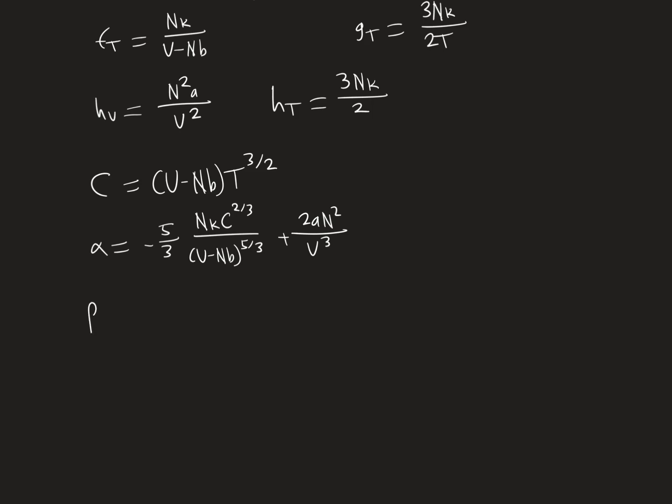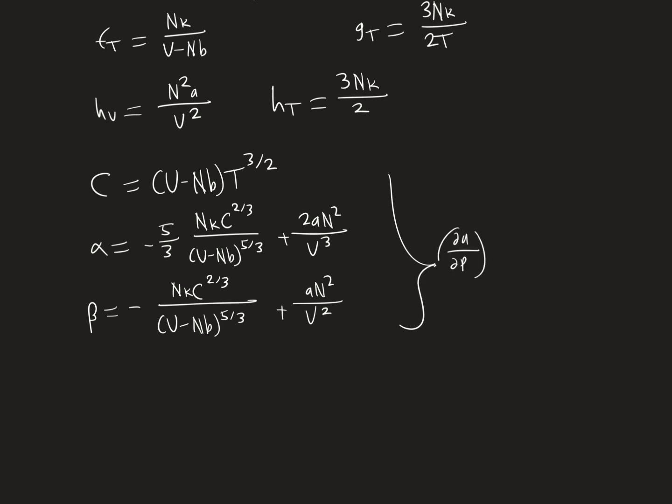And we have beta is equal to −nk c^(2/3) divided by (v − nb)^(5/3) plus an² divided by v². And if we use these two over here, then we get ∂u/∂p, where we keep s constant, is equal to beta divided by alpha.